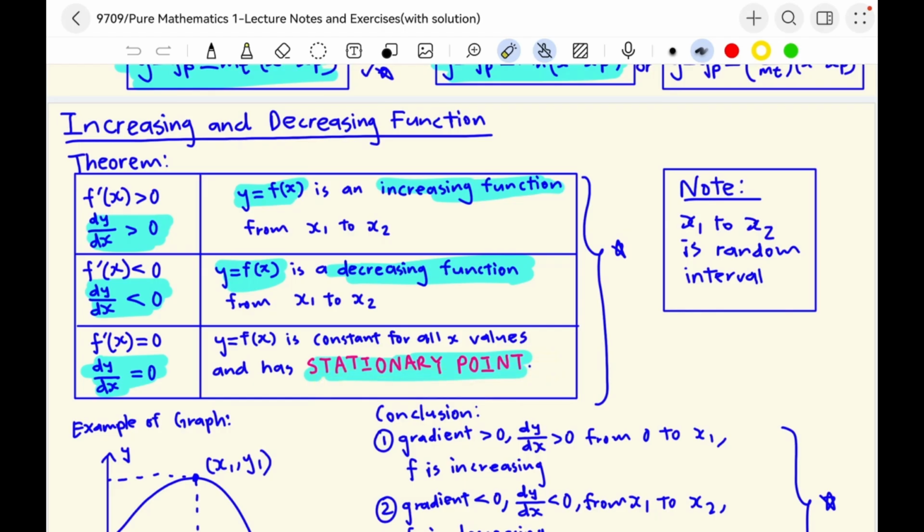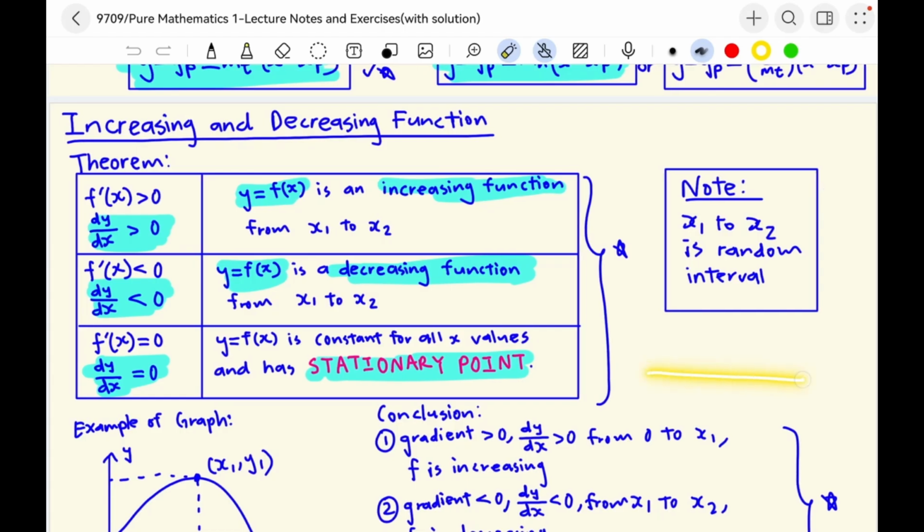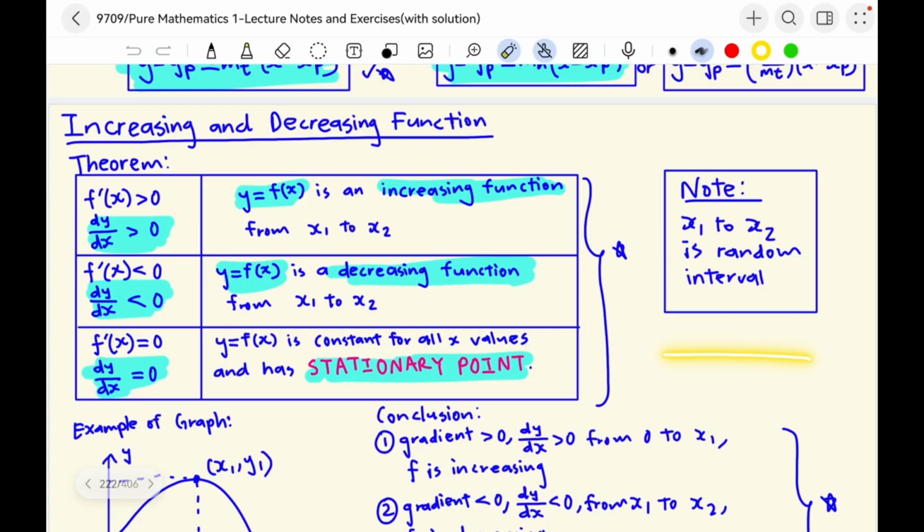To get the stationary points, the gradient of the tangent must be a horizontal line. In other words, the gradient of a horizontal line is equal to 0.